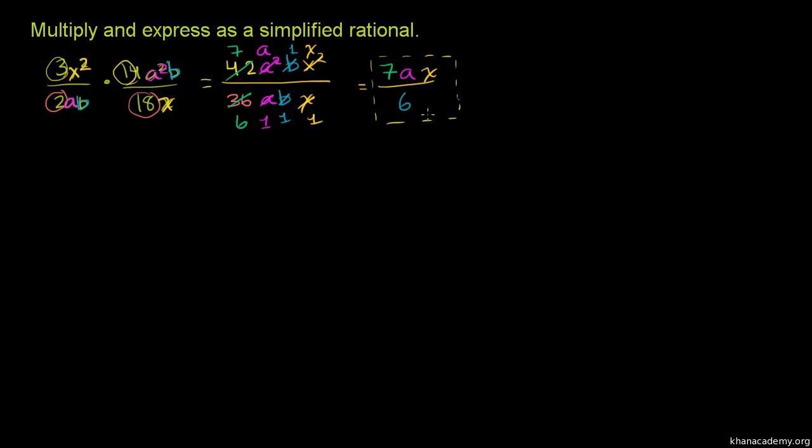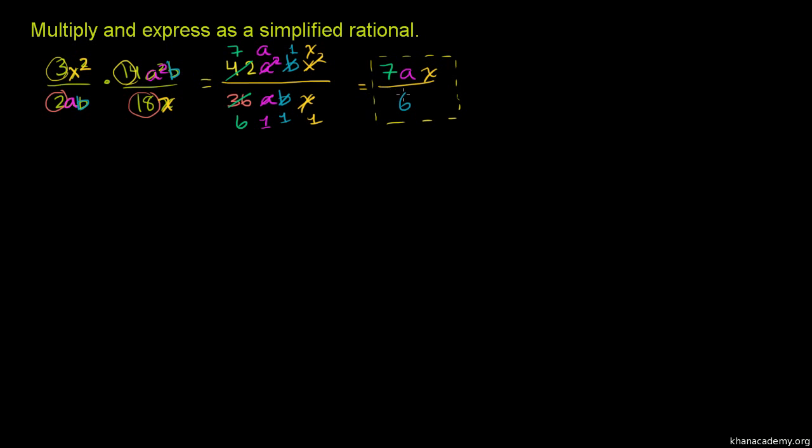This expression is defined for any a's or x's. But this product was not defined for any a's or x's. The b's cancel out, but if either a or x equaled 0, this expression would be undefined. In fact, if b was equal to 0, this expression would also be undefined.